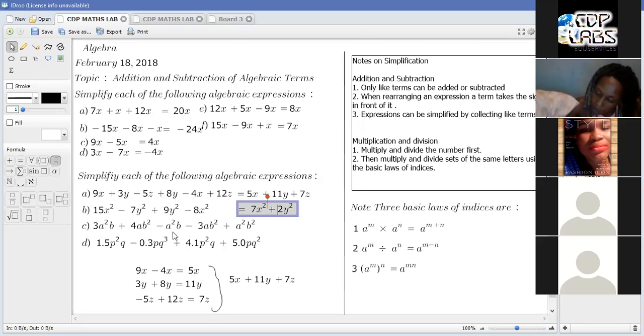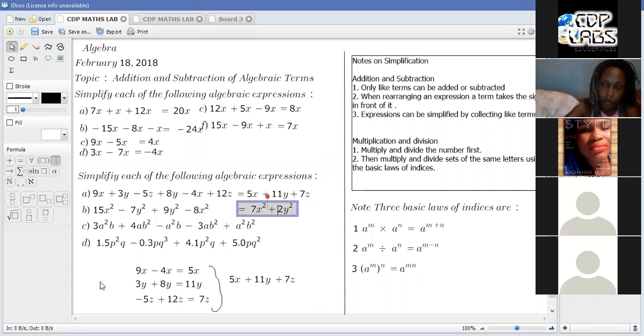Remember, the rules say you must look for the terms that are like. They must be very much like twins.